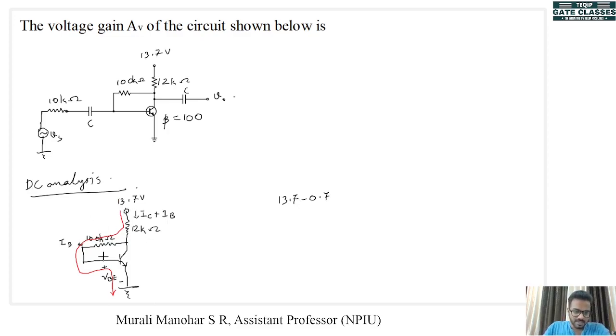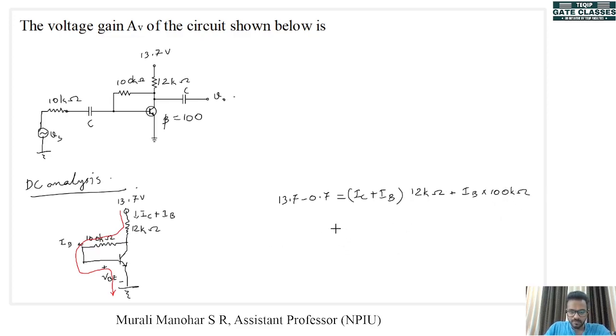So 13.7 minus VBE in the active region, which is 0.7, will be equal to, in the 12K we have IC plus IB into 12K, which is the drop, plus in this resistance we have IB, so the drop is IB into 100K.